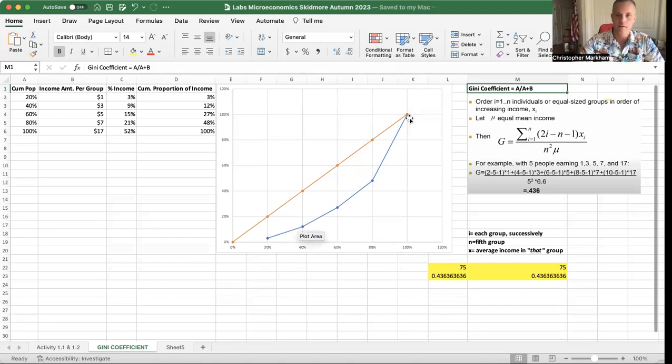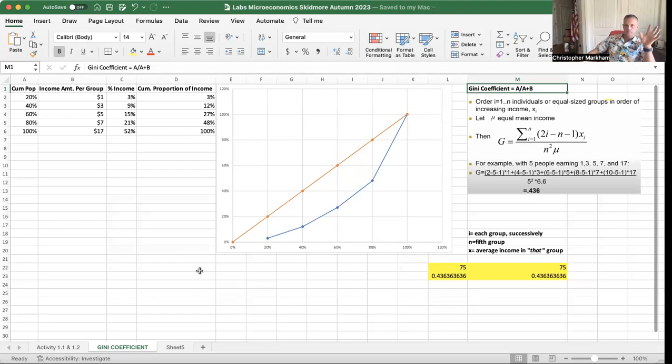Okay, so then if you take this line from 100, where 100 on the y and 100 on the x, here the line of perfect equality, all three intersect, and you draw a straight line down to the 100 here, and then a straight line over all the way to 0 here. The space between these two lines, the y and the x-axis, here and here, and the blue nonlinear curve representing the Lorenz curve, right?